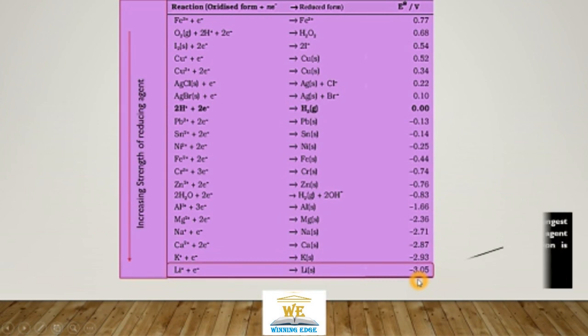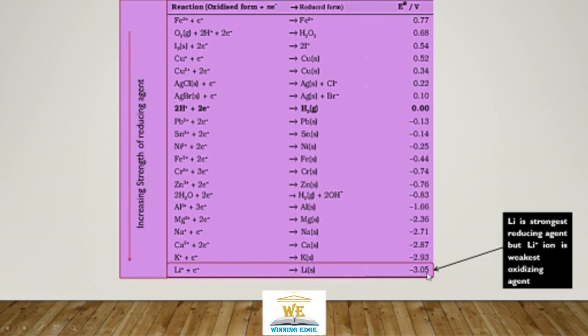It's the strongest reducing agent. Why? A reducing agent provides electrons for the reduction of other species. This is the reduction potential. For lithium to act as a reducing agent, it has to provide electrons, so we have to look at the oxidation of lithium here.